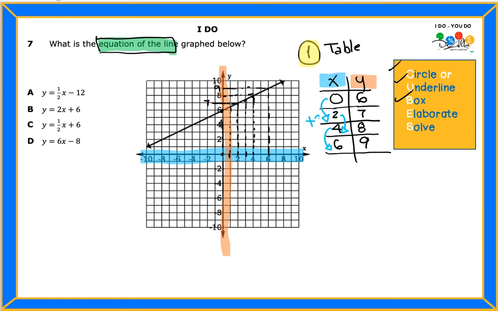It was always 2 positive units. So the change on the x-axis is positive 2. Now I'm going to check the change on the y-axis. From 6 to 7, the difference is positive 1. From 7 to 8, the difference is positive 1. And from 8 to 9, the difference is positive 1 all the time.